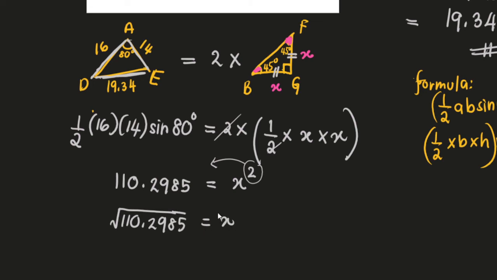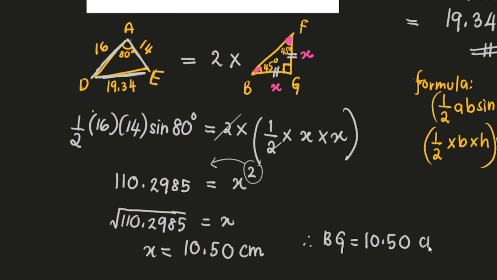From here, let's find the x. You can key in again. So we will get 10.50, rounded off to 2 decimal places, cm. So you write the final answer: the length of BG is 10.50 centimeters.